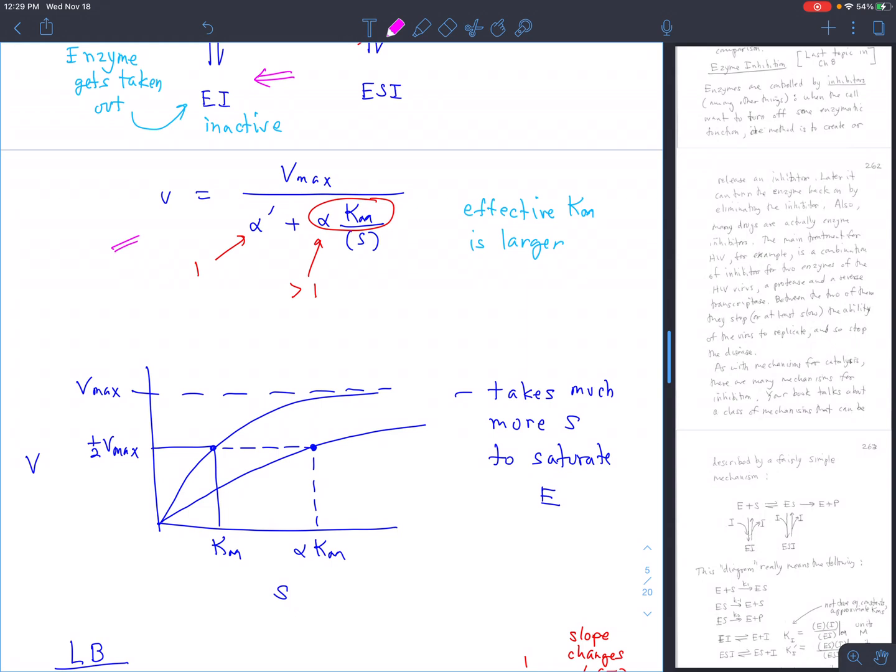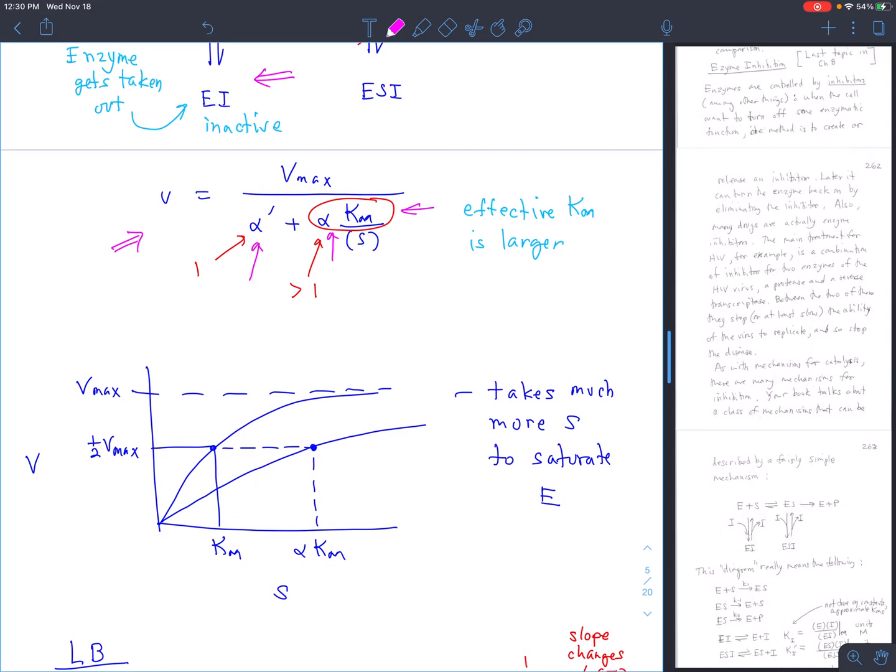If we look at our expression now for the velocity, you can see that this is a 1. That's the Michaelis-Menten result. But now alpha is greater than 1, which means that we're effectively making the Km, this red circled quantity, an effective Km, right? Alpha times Km is the effective Km.